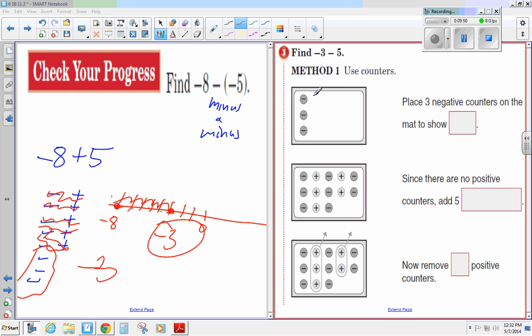All right, so here's method 1. There's another. Now we're doing negative and a negative again. Place 3 negative counters for the negative to show negative 3. Since there are no positive counters, add 5. So remember, negative 3 can be written as plus a negative 5. And so you add 5 more.